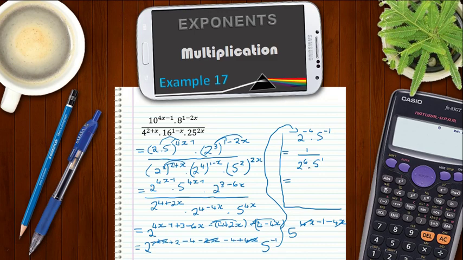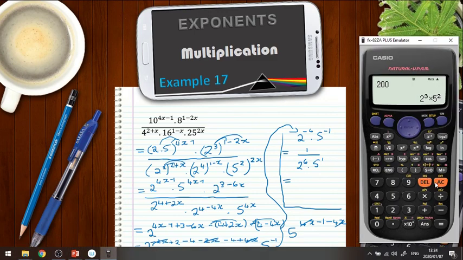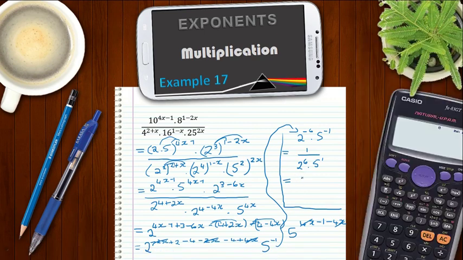This will be, I think, 64 times 5 or something. So we'll have 1 over 2 to the power of 6 times by 5. So this gives me 1 over 320.